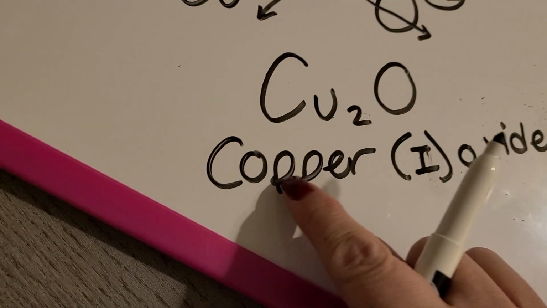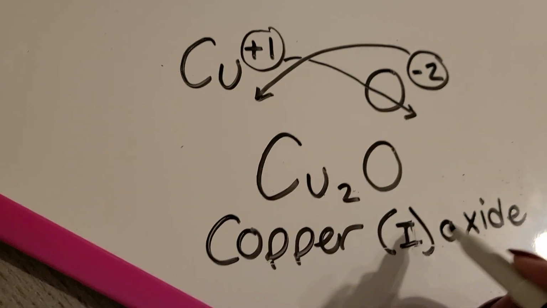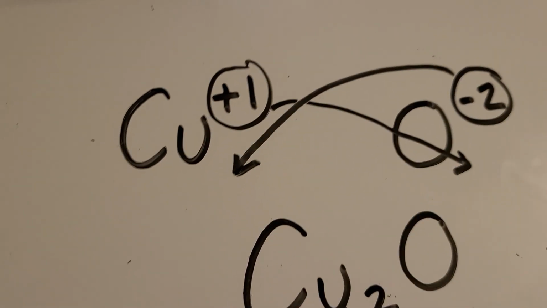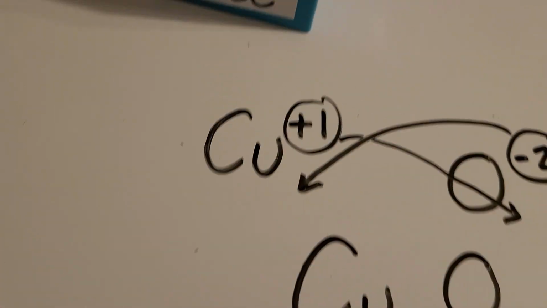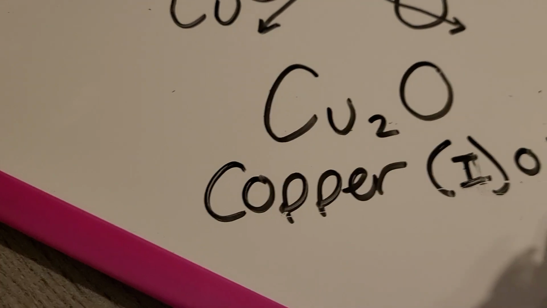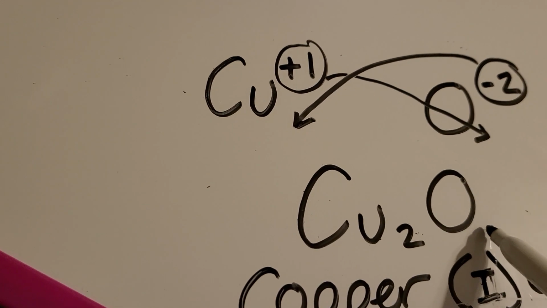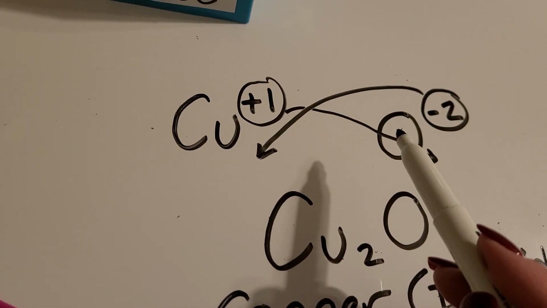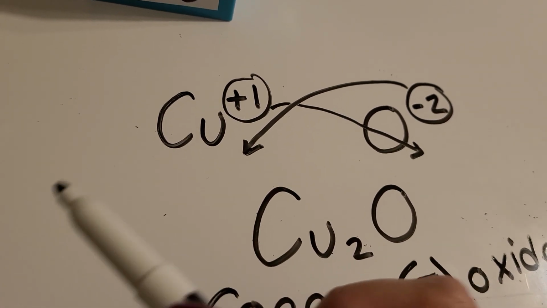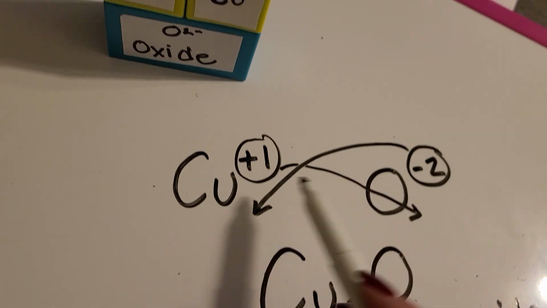So if you were given just this name and asked to write the chemical formula, you would write these out here like this and crisscross the charges and you'd get this formula. If you were just given this formula and needing to write the name, you would want to look at the charge on the oxygen, because if you uncrisscross these, kind of work backwards, you see that the 2 here came from the 1 on the copper.